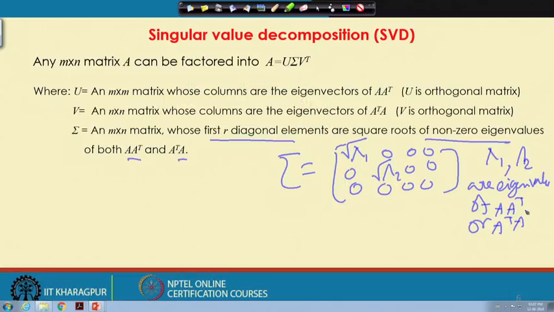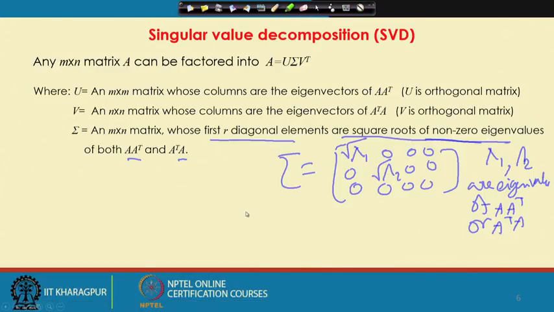So, the diagonal elements are square roots of the non-zero eigenvalues of A A transpose and A transpose A, and these are called the singular values of A.